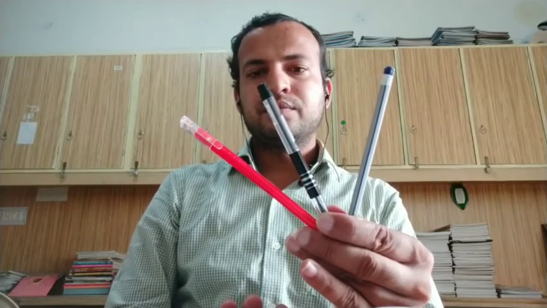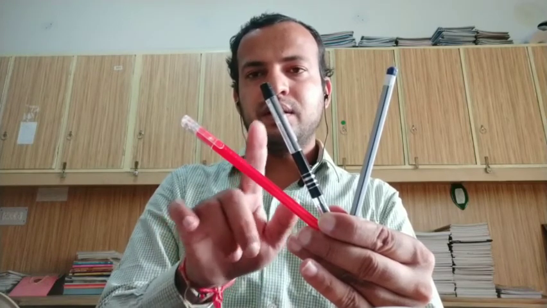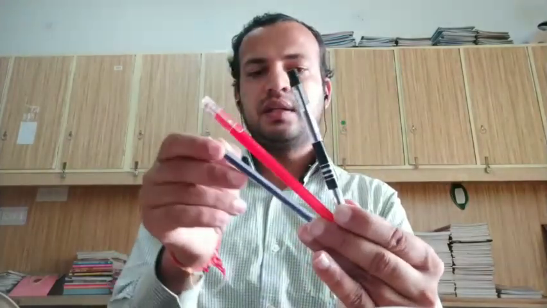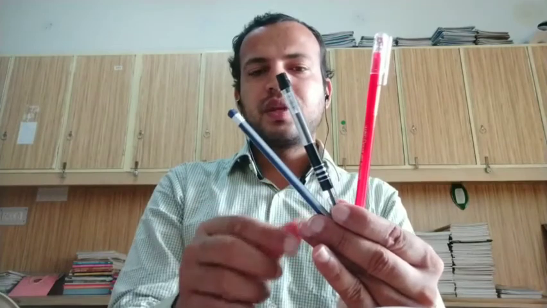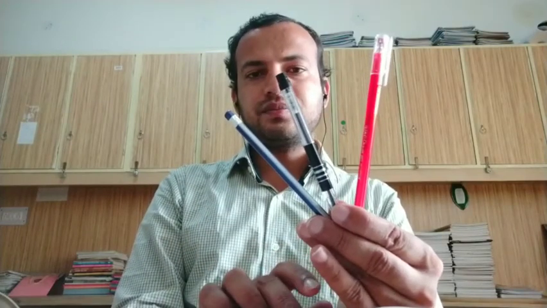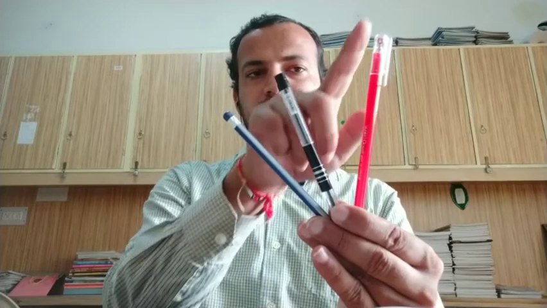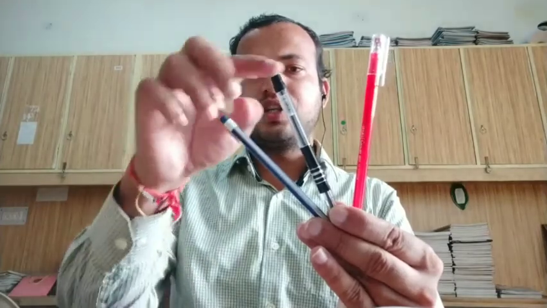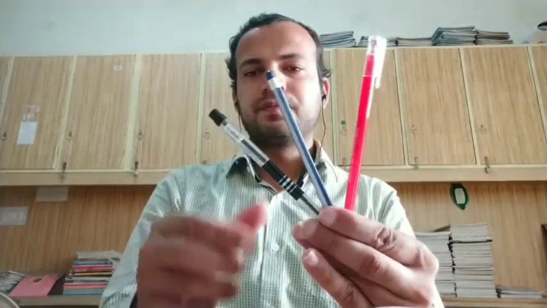Third order: when I fix the black position, I interchange the pencil with the red place. Now this is the third order. Again, if I fix the place of the red pen and interchange these two, this is the next order, the fourth order.